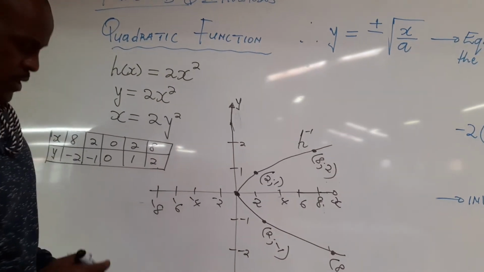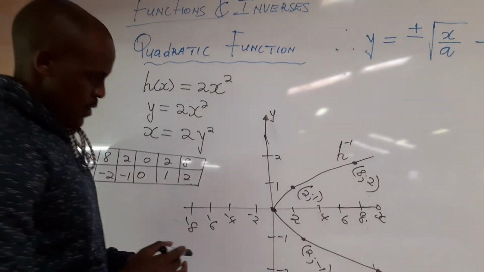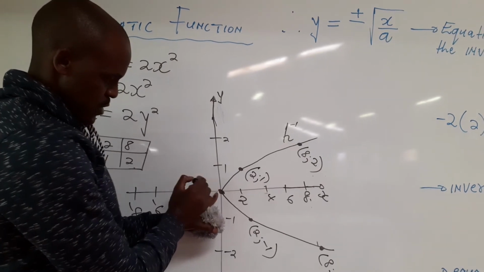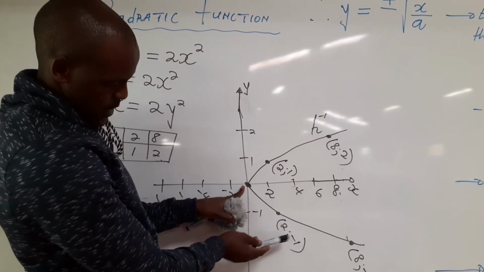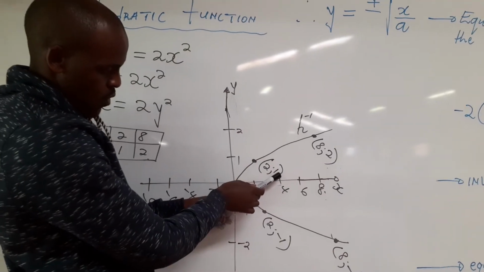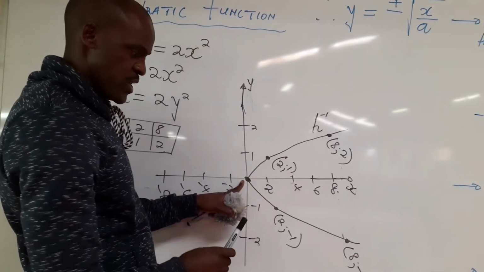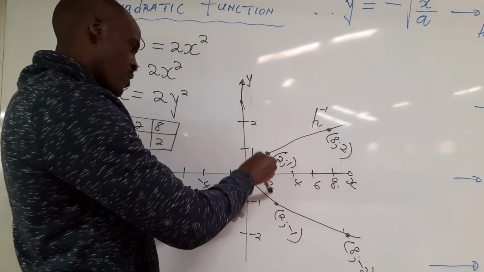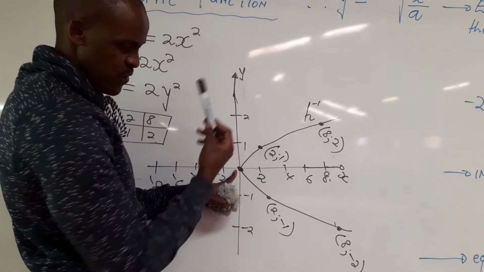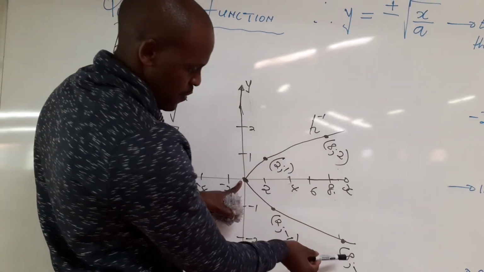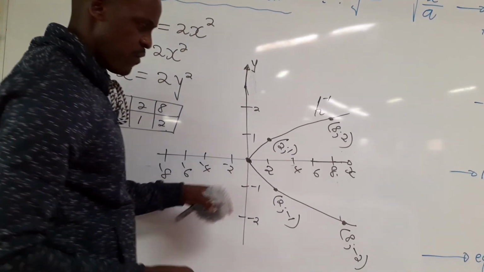When you look here, let's start from here, 0 is to 0, and then here, x is equal to 2. Y is equal to 1, y is equal to -1. We've got one value of x, but two different values of y.